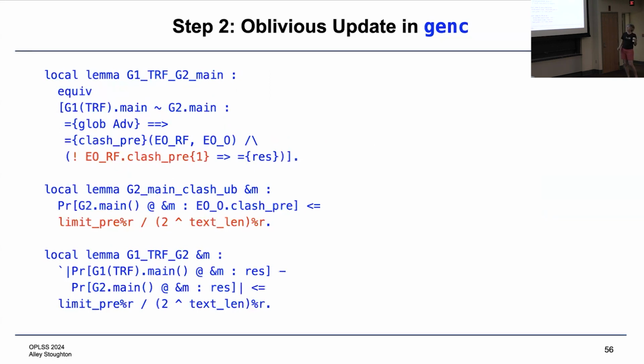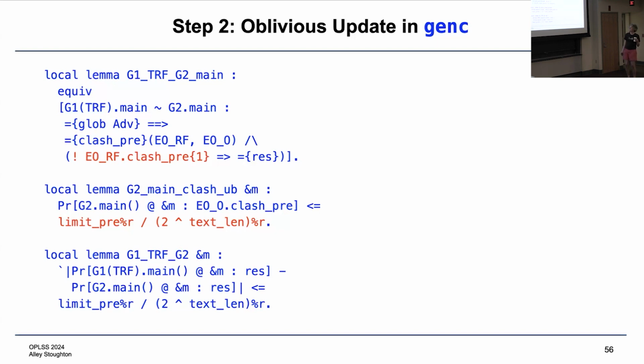And then the nice thing is that you can take this proof and that proof and combine them to say that the absolute value of this minus that, from G1 of TRF to G2, is upper bounded by the probability that the bad event happened.